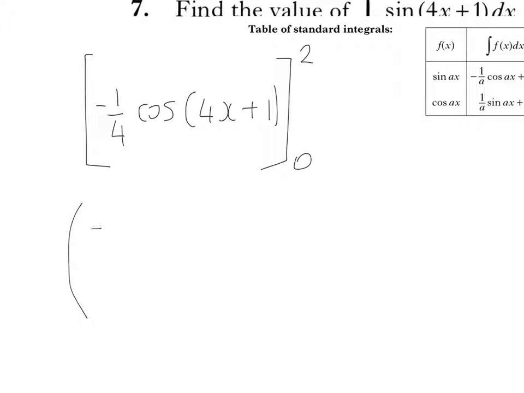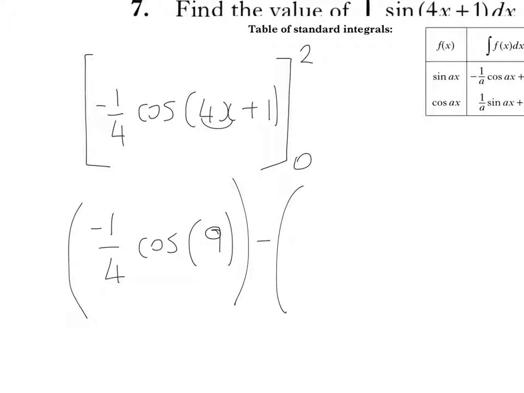So that'll be minus 1/4 cos of, well, I can just go straight to 4x, 4 times 2, which is 8, 8 plus 1, so that's 9. Close the bracket, minus 1/4 cos, so again, if I'm saying this time x is 0, 4 times 0 is 0, 0 plus 1 is 1, so it's just cos of 1, close the bracket.